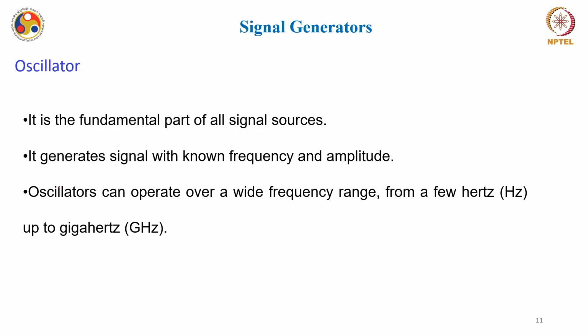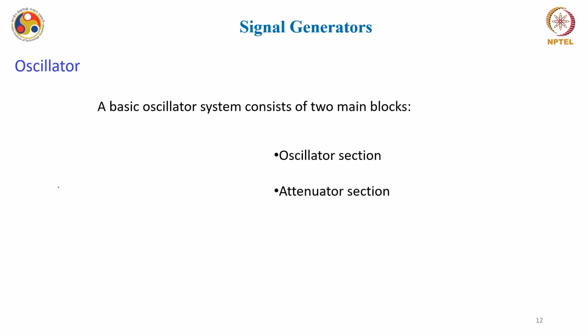So you can be sure that whatever signal you are feeding to the next stage, maybe the frequency modulator or the amplitude modulator, is fixed in frequency and amplitude. It can operate over a wide frequency range, from a few hertz to certain gigahertz. A basic oscillator system consists of two main blocks, the oscillator section and the attenuator section.